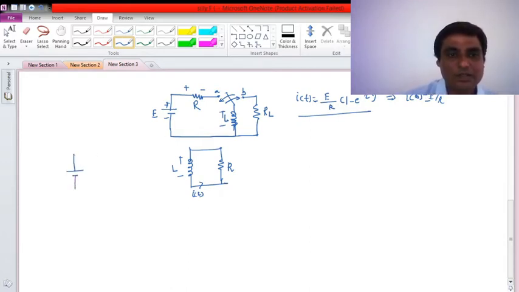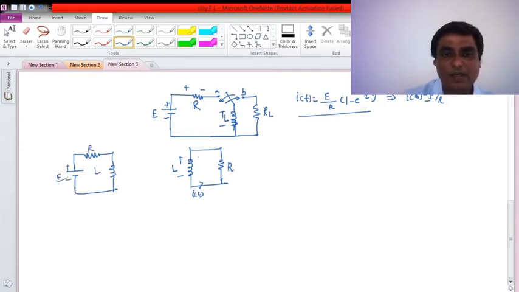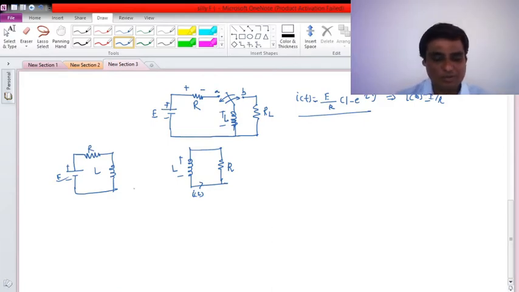One is when the switch is at position A: E, R, L. And when the switch moved to position B, at that time the circuit looks like this. So here I will define the problem in this way: say this is my position A and this is my position B.